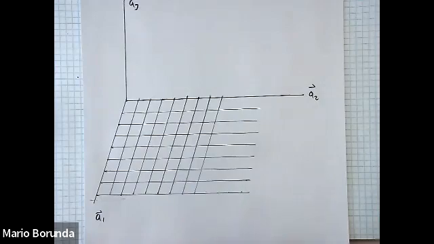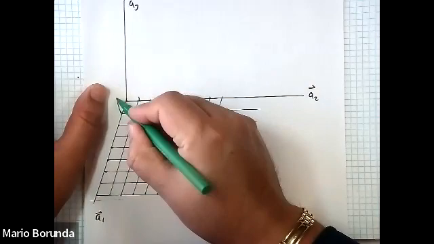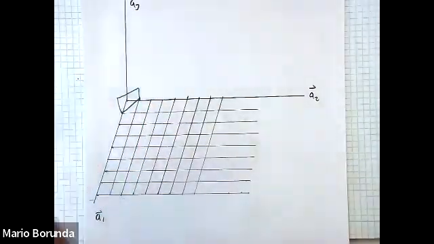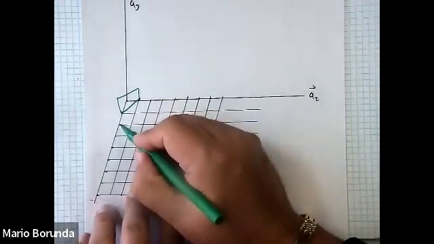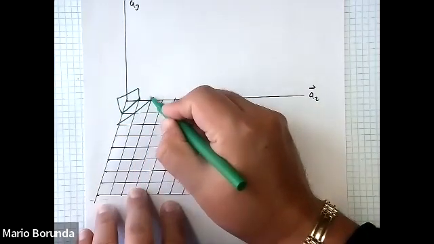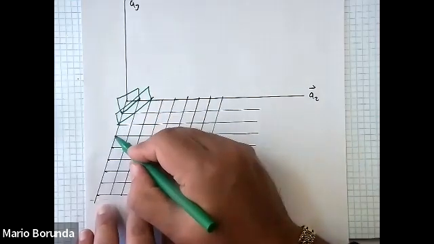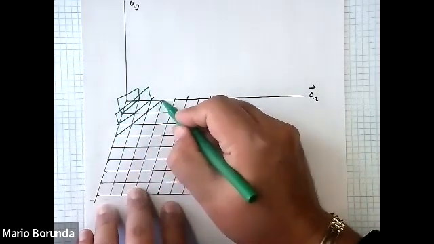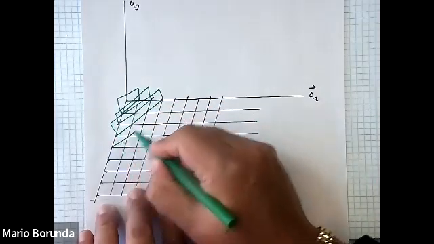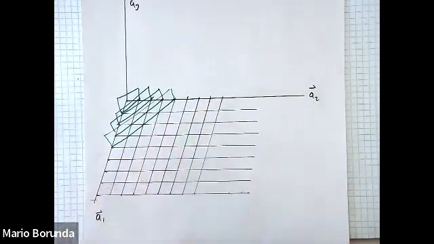In this case, it's going to cross at 1 and 1. So that's one plane, right? Then it's going to cross at 2 and 2, and then 3 and 3. All right, questions?